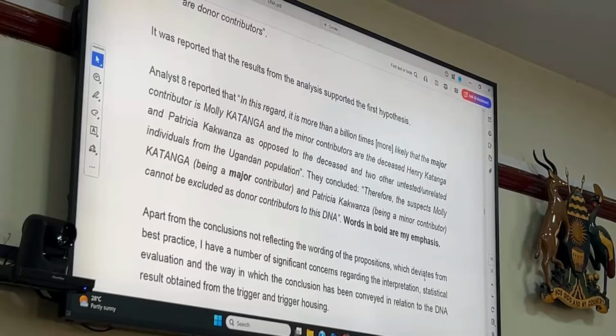That is not actually what the statistic is showing. The statistic, if deemed appropriate, is merely a billion times more likely that DNA from Molly Katanga is present rather than from an unknown, unrelated individual. The statistical software does not dictate whether she was a major profile or not.